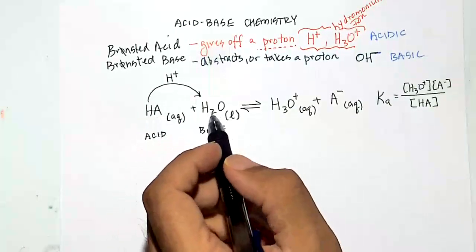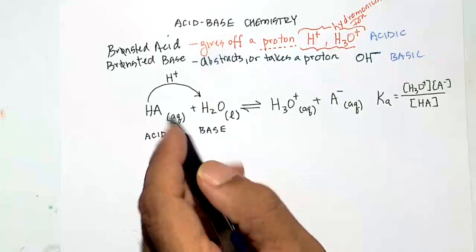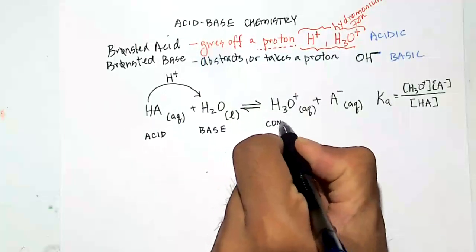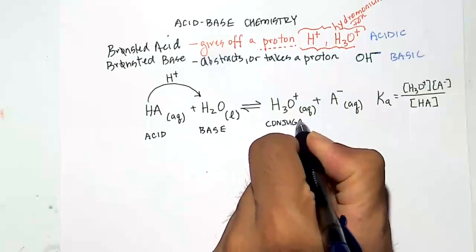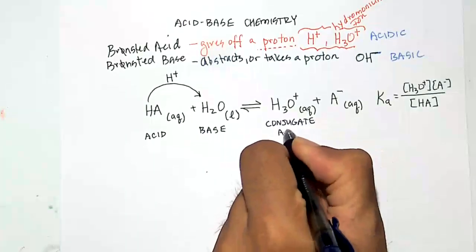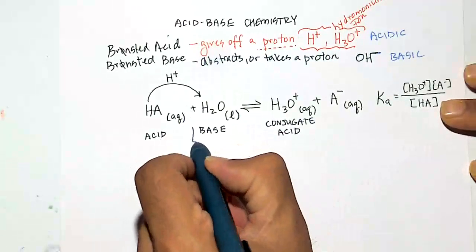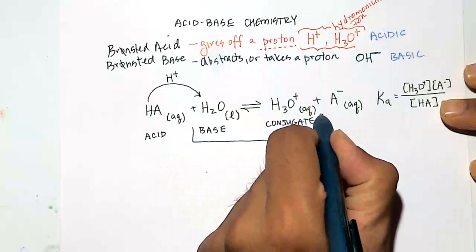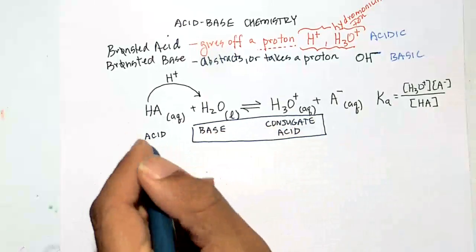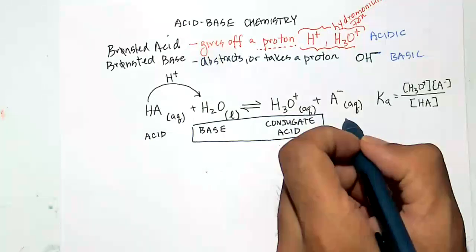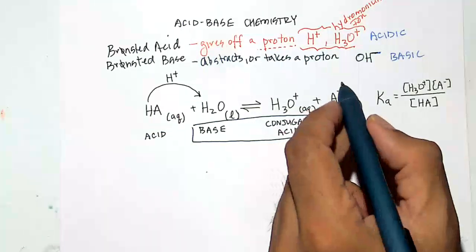This base picks up the proton and becomes H3O plus, which is called the conjugate acid to this base. So they're conjugates to each other. And this acid has its conjugate base. What is the conjugate base for this acid, HA? It's this right here.